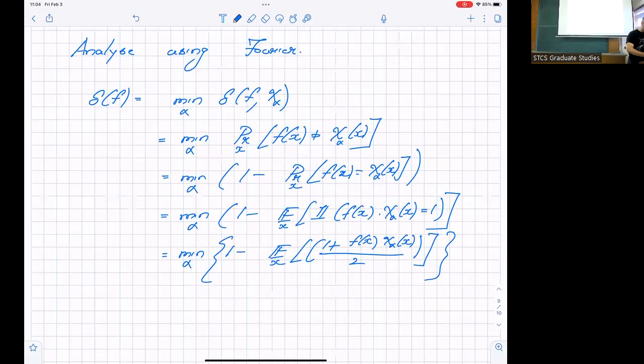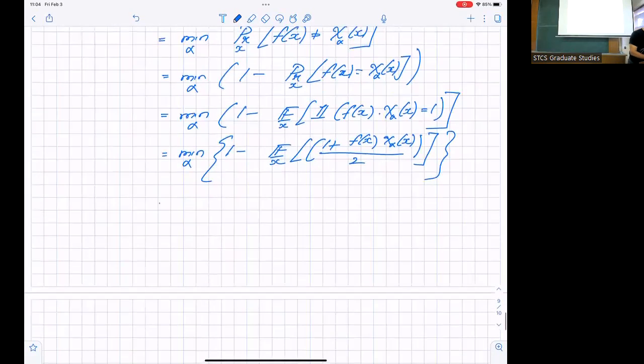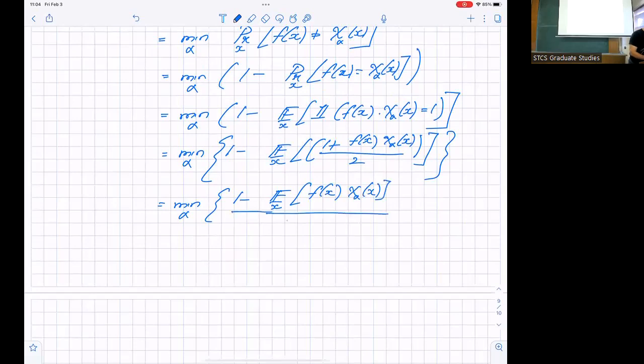But this opens out to min over alpha. The half comes out, so that is 1 minus the half times the expectation over x of f of x, chi alpha of x. But what is this?